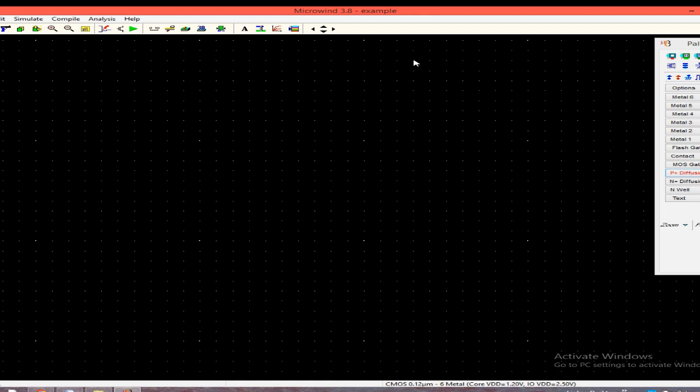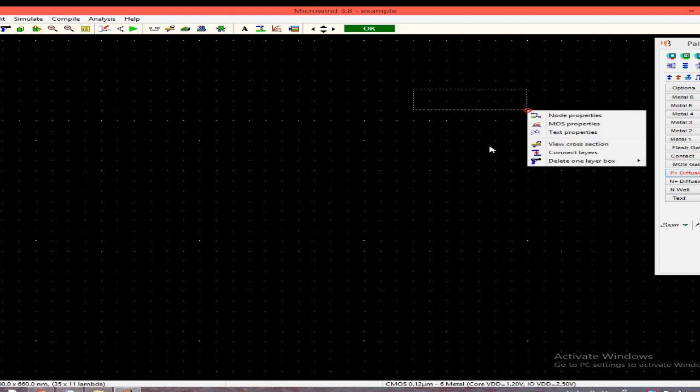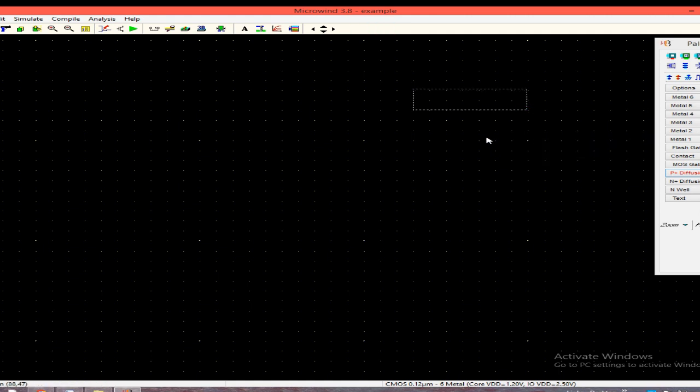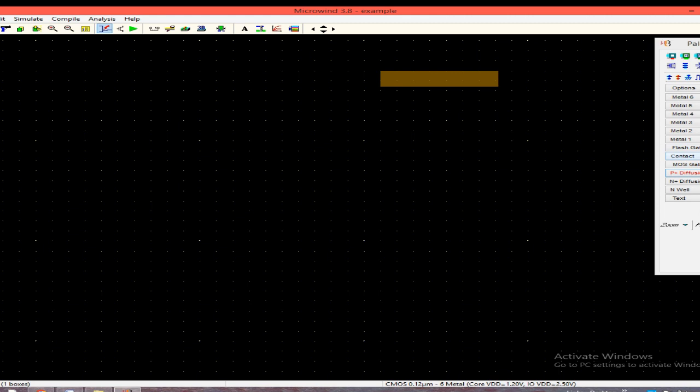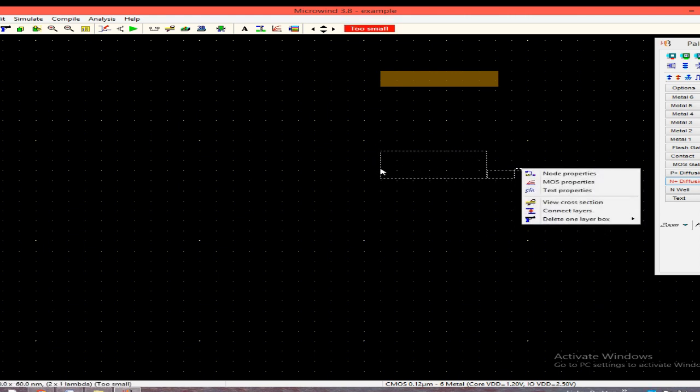I have taken the P diffusion structure over here, and after this P diffusion we have to take the N diffusion also. So we are taking N diffusion over here.